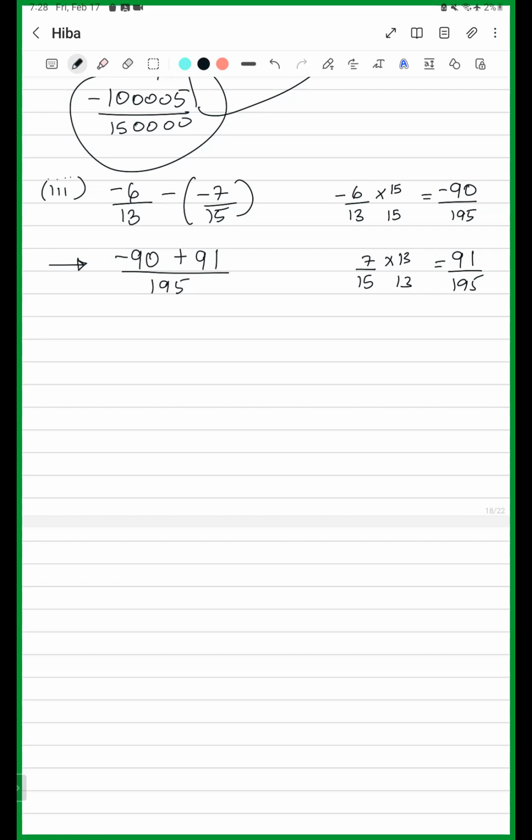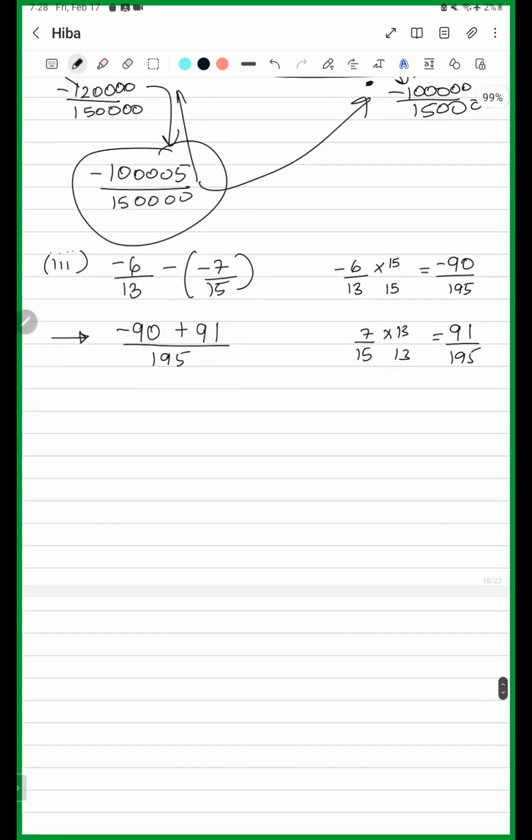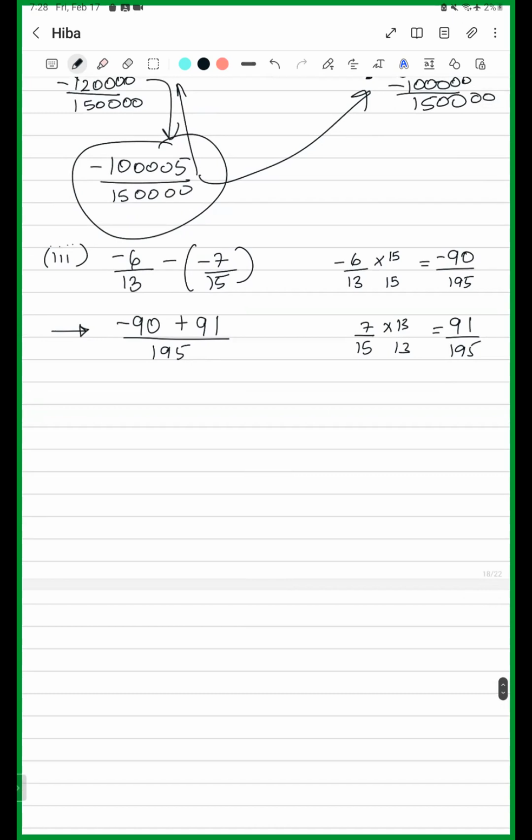Wait, how will it be positive 91? Child, what is minus multiplied by minus? What is minus minus? You yourself told me it will be plus. But why are we solving it in the first place? Why are we solving what?